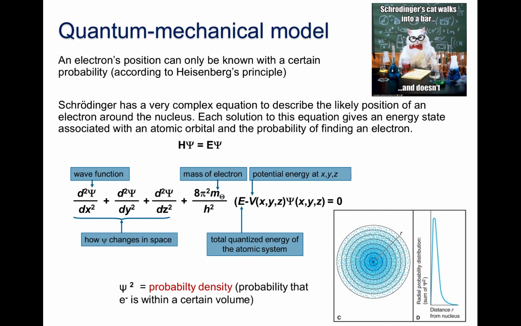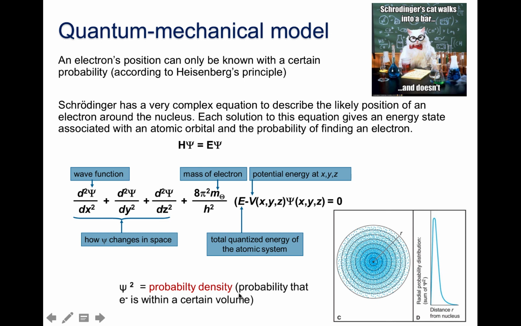And each of the solutions to the equation is going to give us an energy state or an orbital, if you know about atomic orbitals already, associated with the electron's position, and that represents the probability of finding an electron in a certain location. And so the most important part of Schrödinger's principle is that the probability of finding an electron is highest the closer you are to the nucleus.